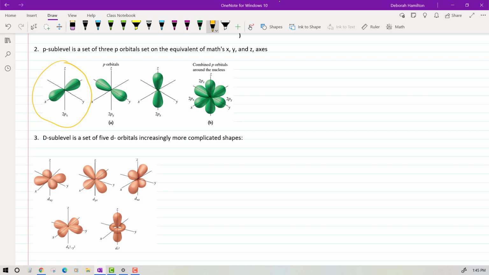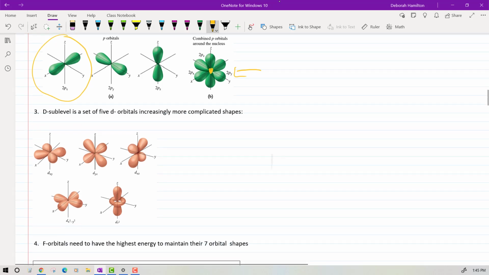Then you see them all together, but inside there, the s sublevel is there. We try to show them separately so you get an idea of what the orbitals look like by themselves, but it's kind of like an onion, where each layer of the onion is one of the main levels of energy, and within that main level of energy, you have these sublevels.